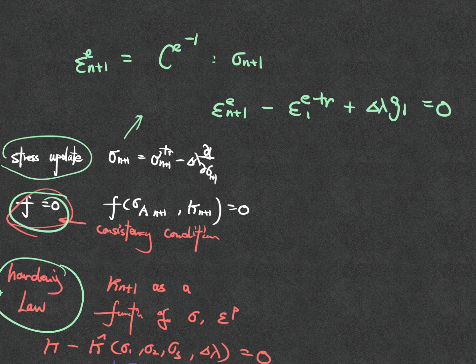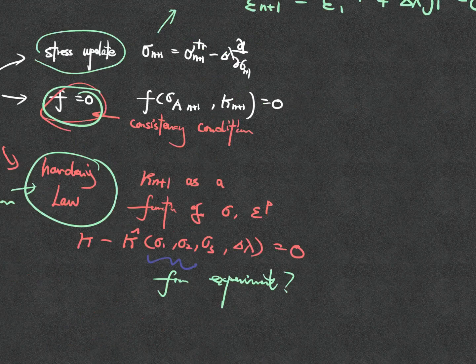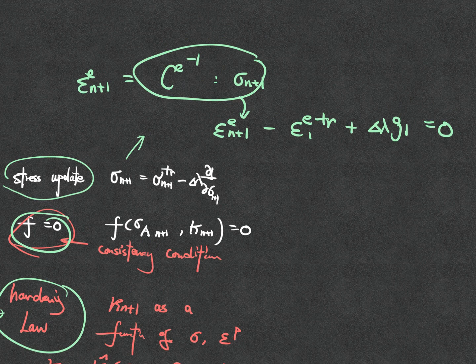Okay, and then I can actually substitute this into here. So for convenience, I would call this a B matrix, with individual components, maybe. I would call it B matrix.